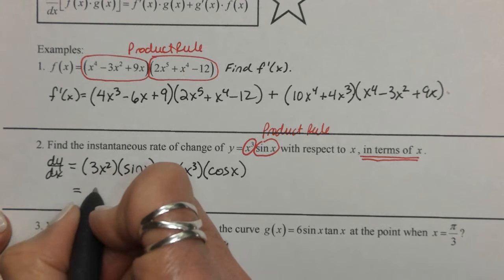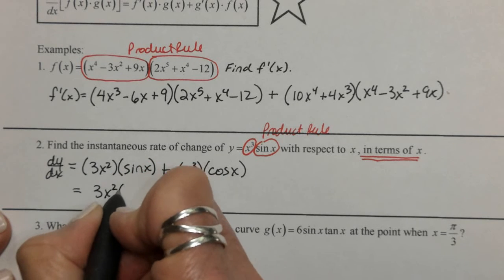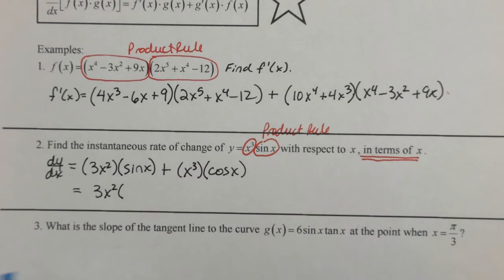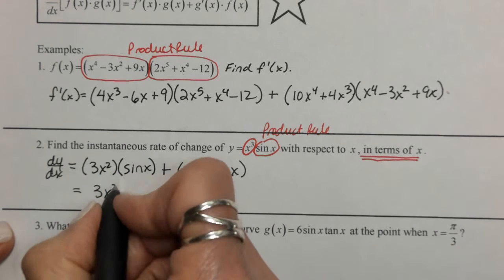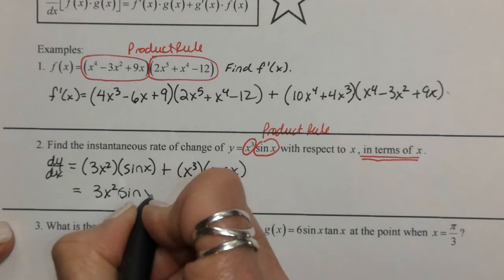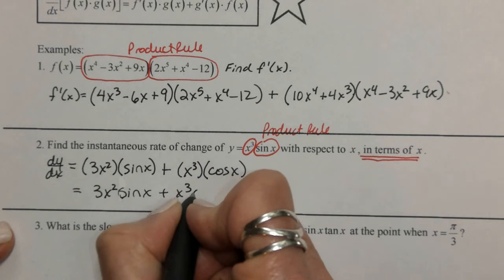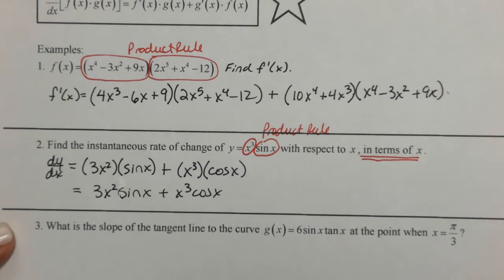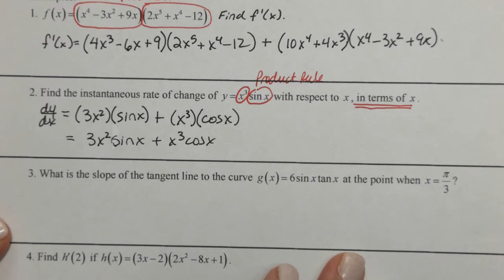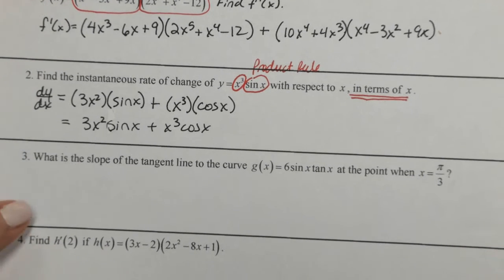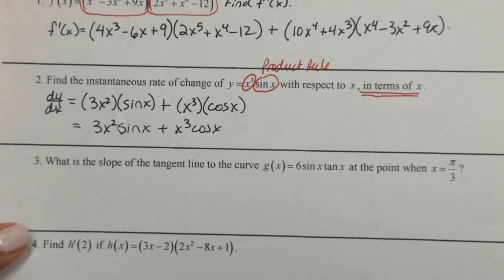We can remove these parentheses and just write this as 3x squared sine of x plus x cubed cosine of x. That's how you would see it as a multiple choice answer. What is the slope of the line tangent to this curve?